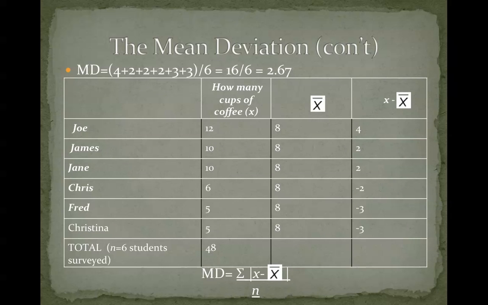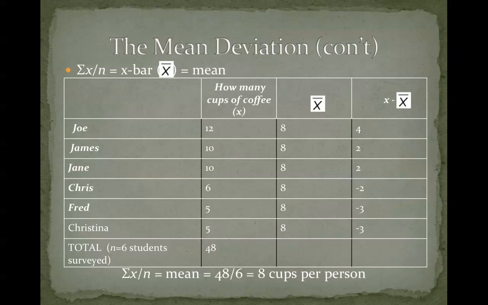And in this case, it's positive 4, positive 2, positive 2, and then we're going to ignore the sign, and we're going to make this a 2, 3, and 3. So 4 plus 2 plus 2 plus 2 plus 3 plus 3. Again, the absolute value for the mean deviation equation.